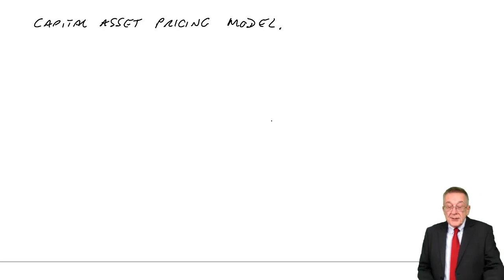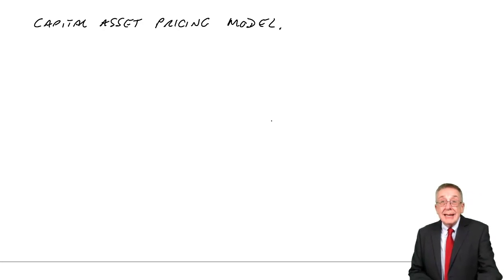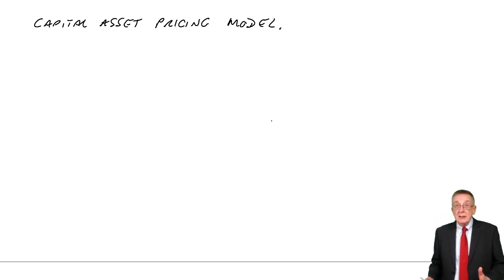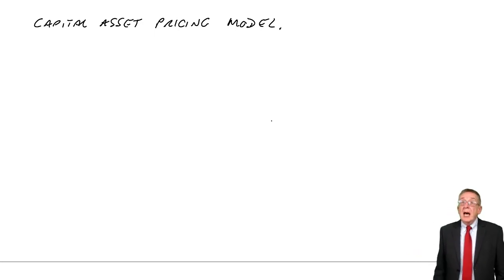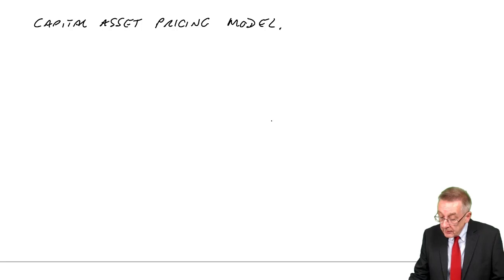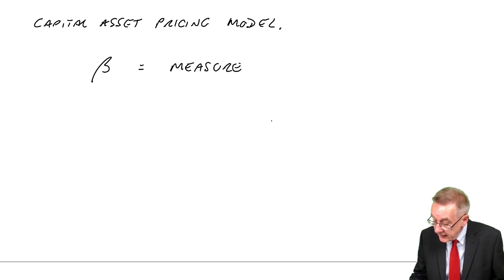Well, systematic risk is measured for different types of business. And the measure is something called the beta. The beta measures the systematic risk.